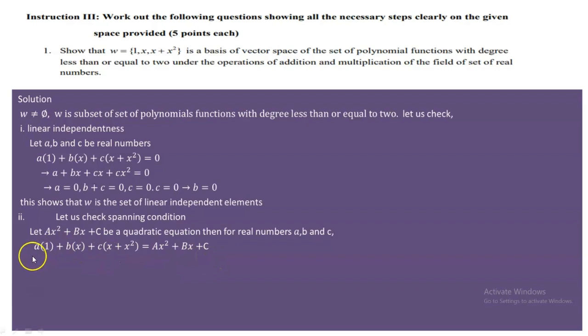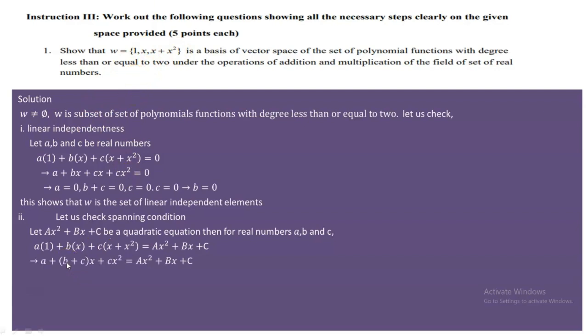So here we are having a times 1 plus b times x plus c times (x plus x squared). Our intention here is to write small letters a, b, c in terms of these capital letters A, B, and C, because this is a quadratic expression. We took one element from the vector space. Now we are checking how this vector space element can be generated by these three elements of W. So let's proceed.